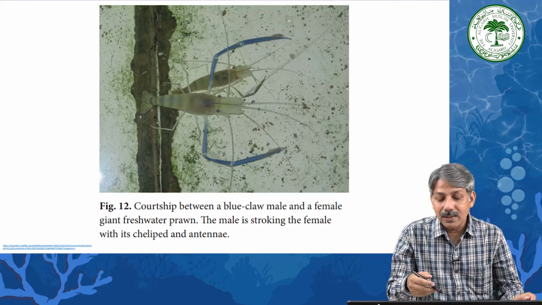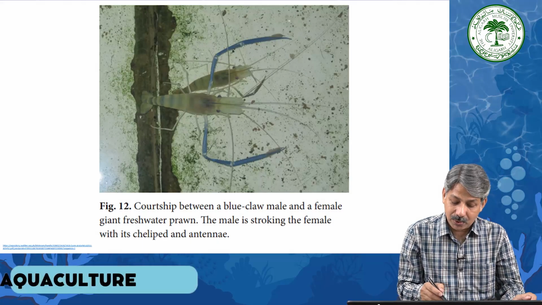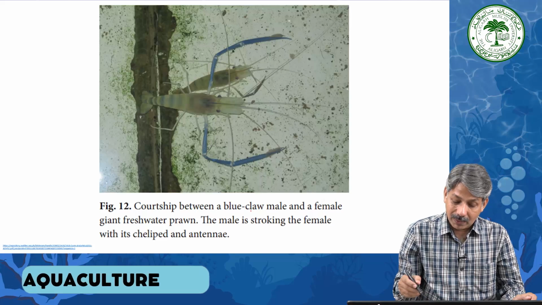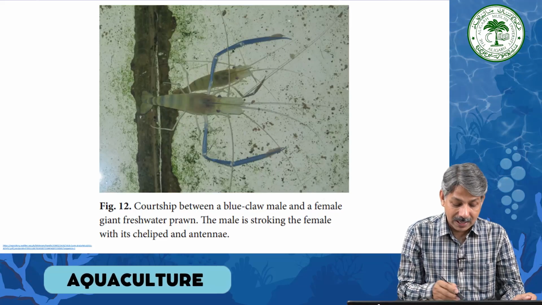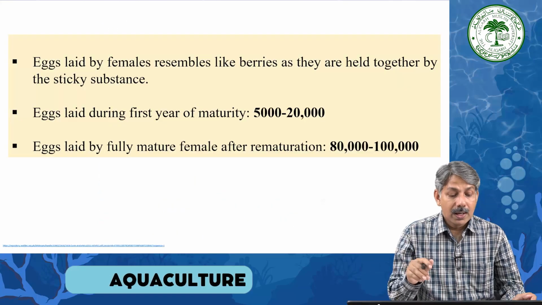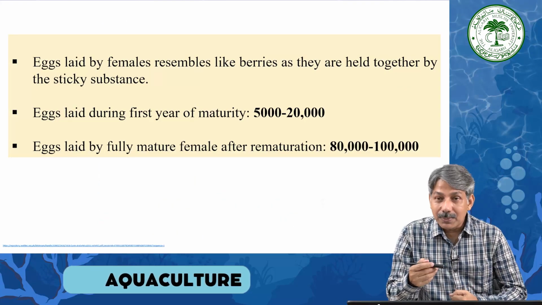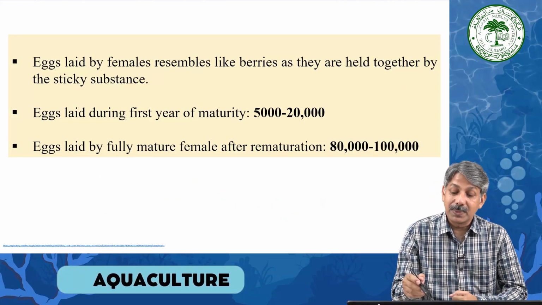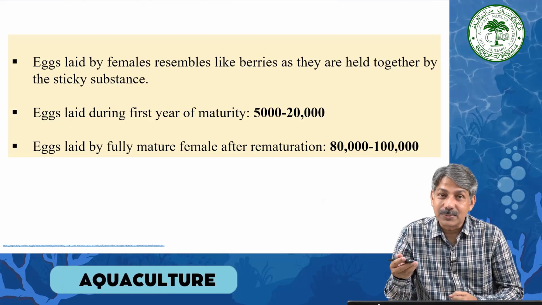And here you can see one photograph where courtship is going on between this blue claw male and the female giant freshwater prawn. Eggs laid by females resemble berries, as they are held together by a sticky substance.